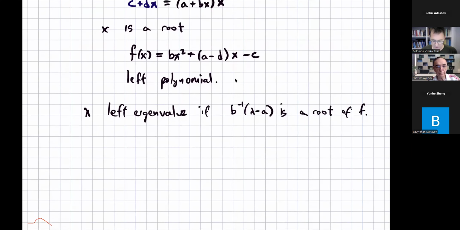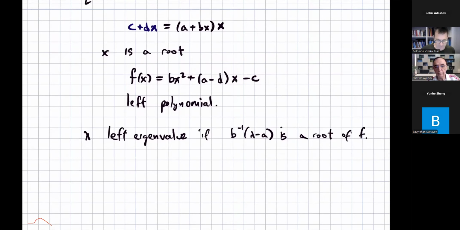So we already can say something about this. So if we're working over the real octonions, as we said, they are algebraically closed. It means there is some root. And so we proved the existence problem for left eigenvalue. So for a 2x2 matrix over the real octonions, there always exists a left eigenvalue.